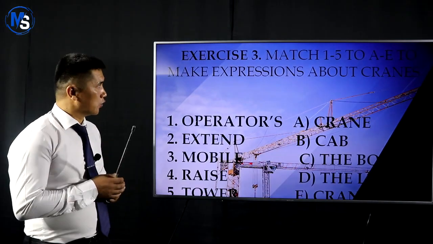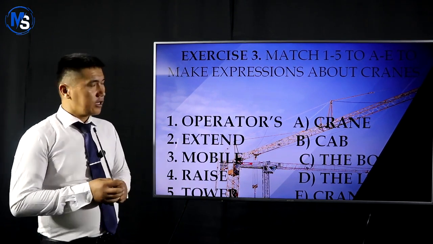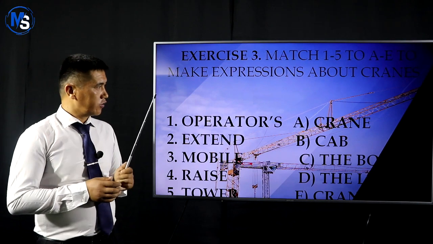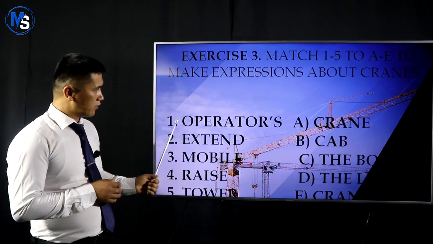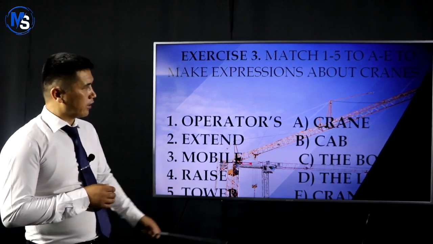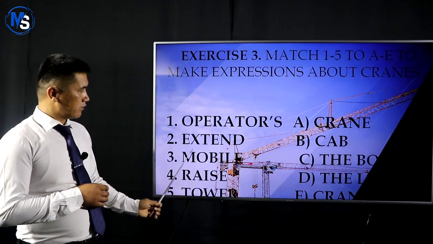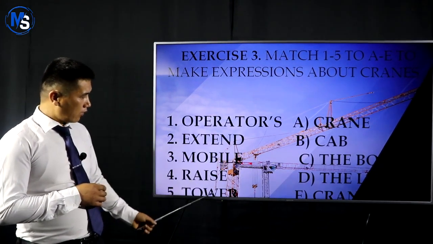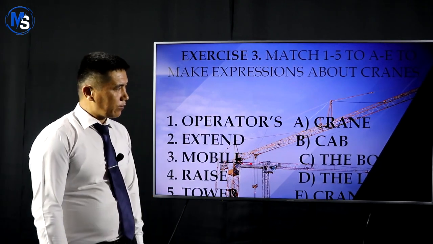Right now we will do an exercise on the vocabulary, and first of all you have to look through the words 1, 2, 3, 4, and 5. Then next, match A, B, C, D. For example, operators, extend, mobile, and rise. The next one is tower. And the next, crane, cab, the boom.